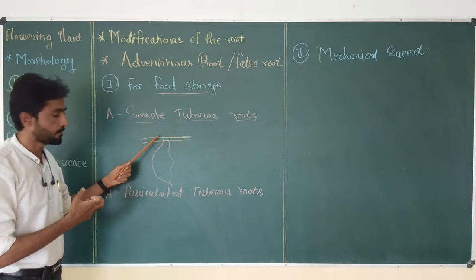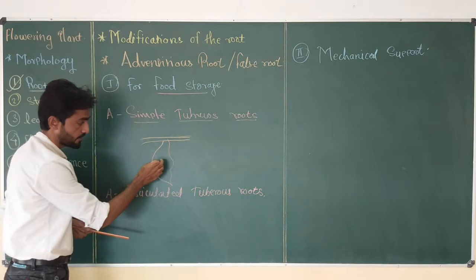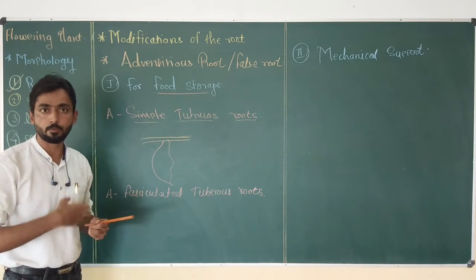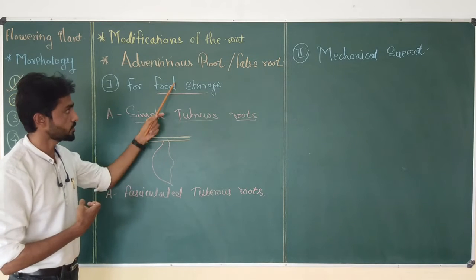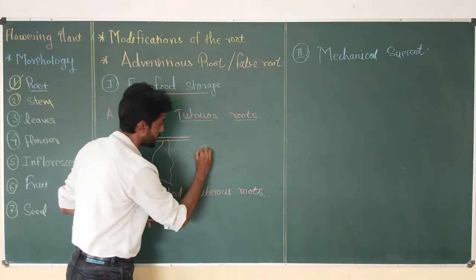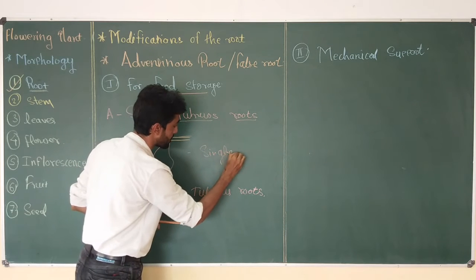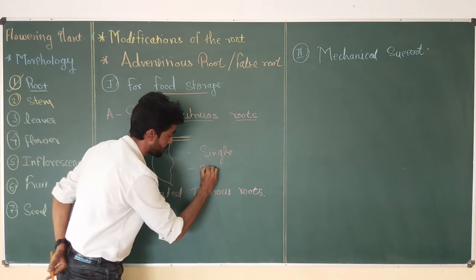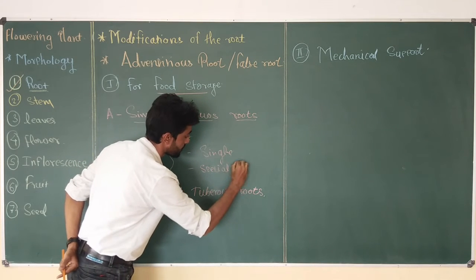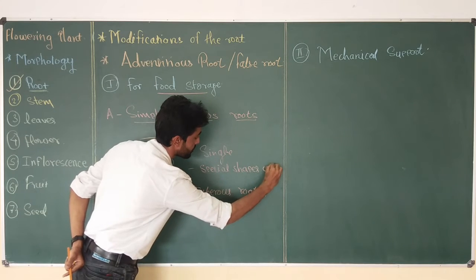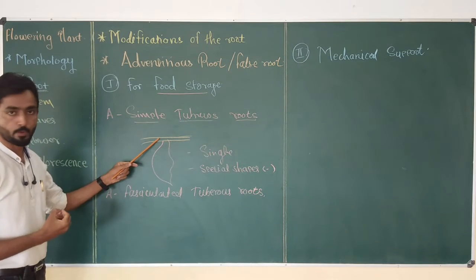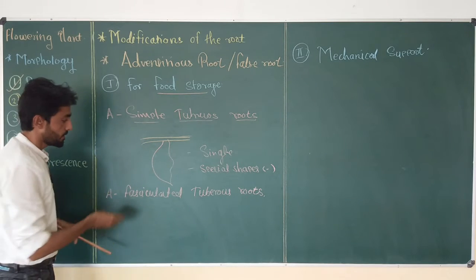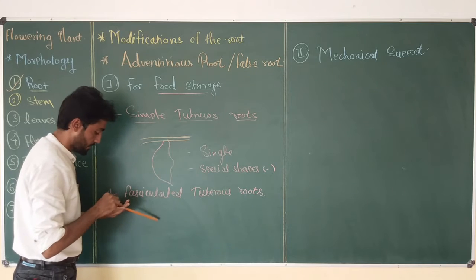But here you can see the root does not acquire a special shape like taproot system. The simple tuberous roots generally grow singularly, and they do not acquire special shapes. They develop from the nodes of the stem, and after growth the root penetrates into the soil.